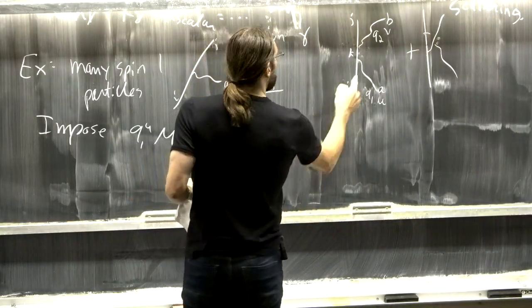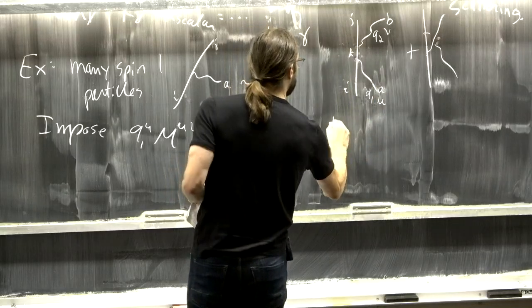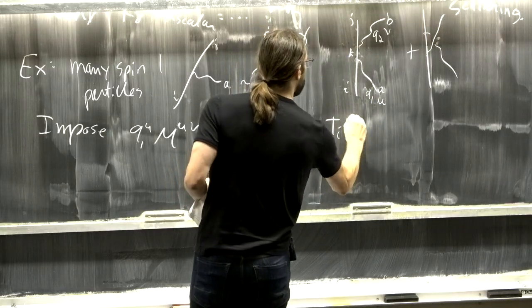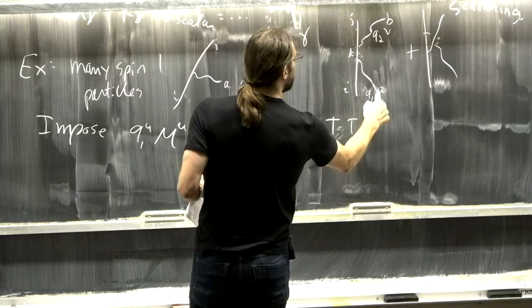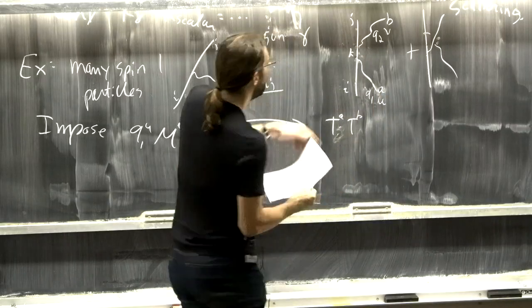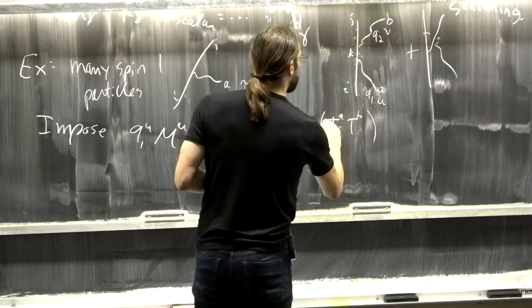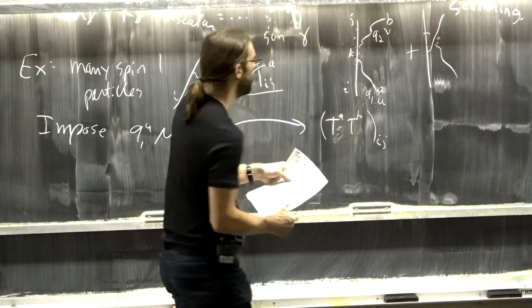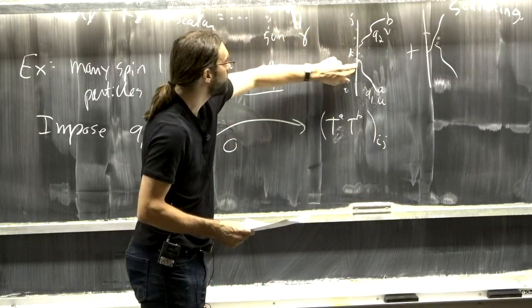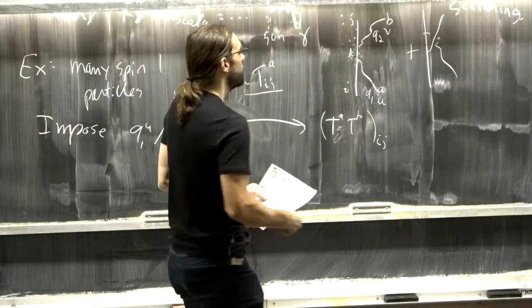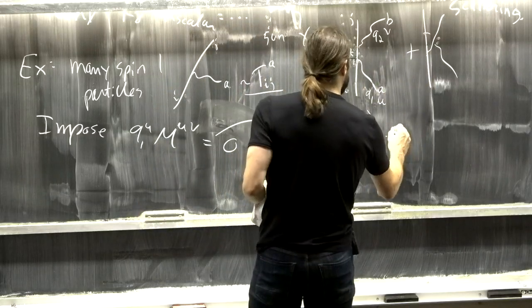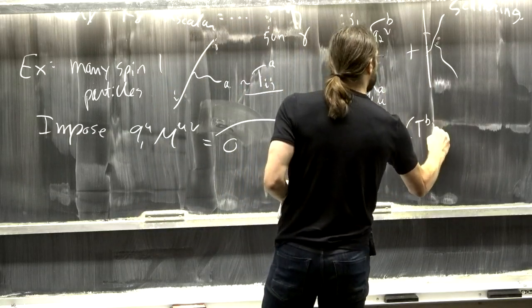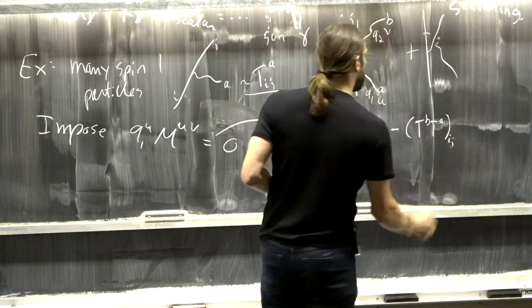From this graph, you get a product of T^A, T^B with external legs I and J. And for the other graph, you get the other ordering, T^B, T^A times IJ.